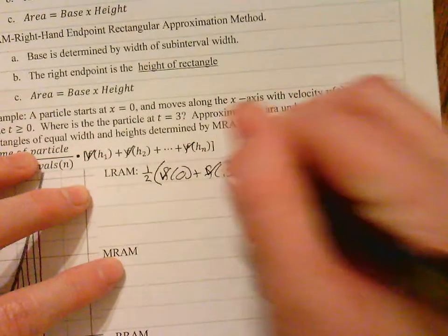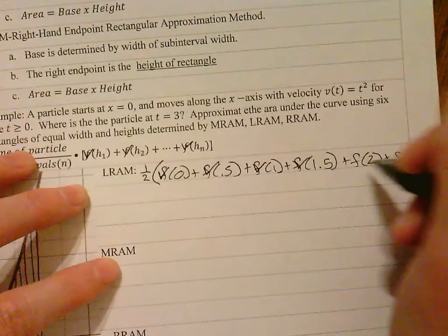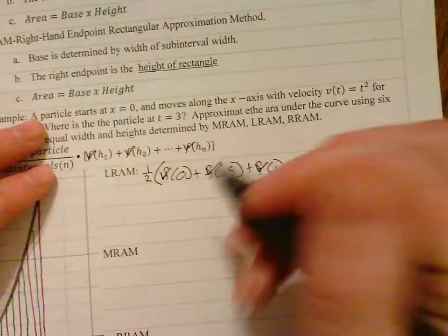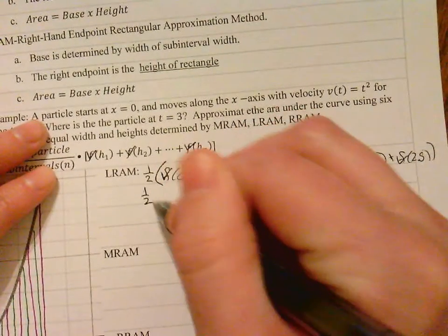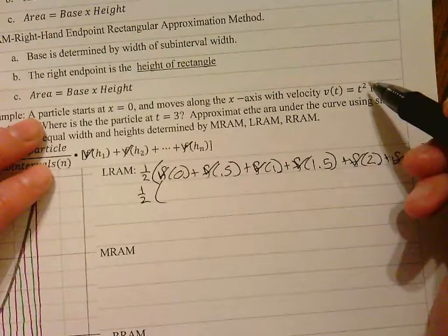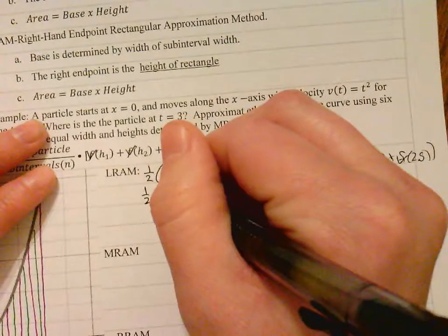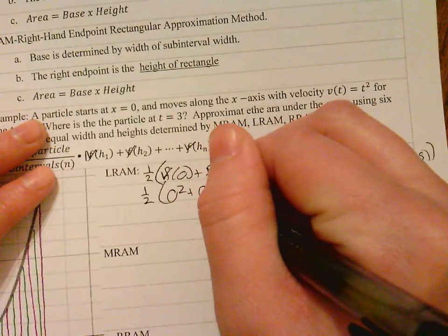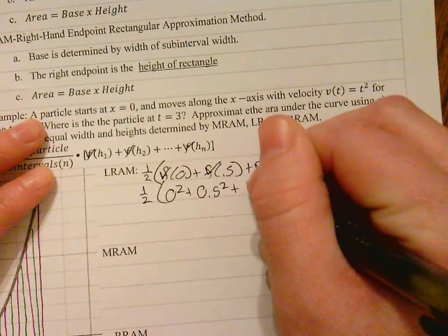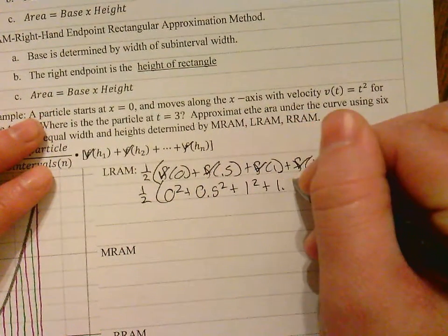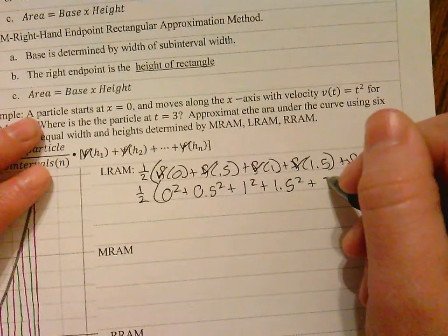Okay, so our function, oh, I should have used v instead of f. V. Why am I using v? Because our function is using v. So now you're going to have 1/2 of 0 squared plus 0.5 squared plus 1 squared plus 1.5 squared plus 2 squared plus 2.5 squared.